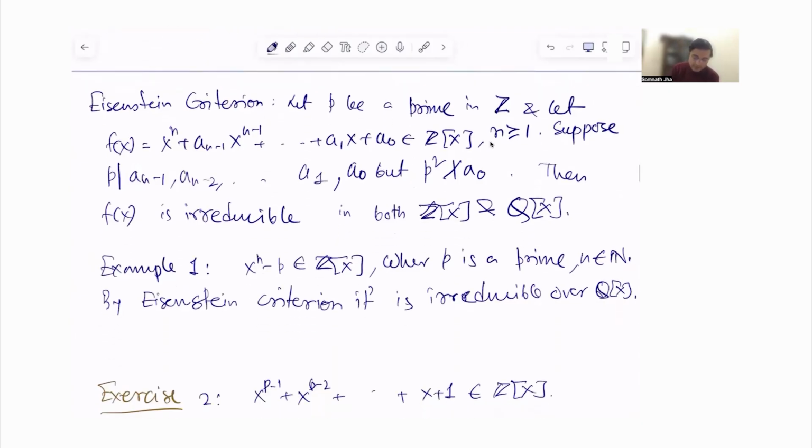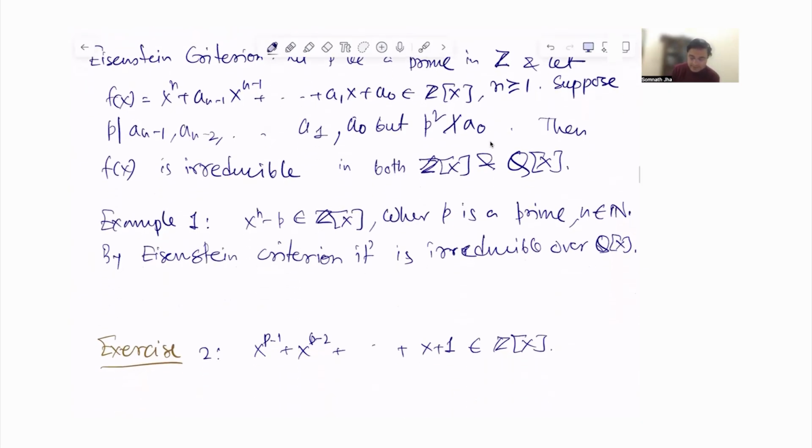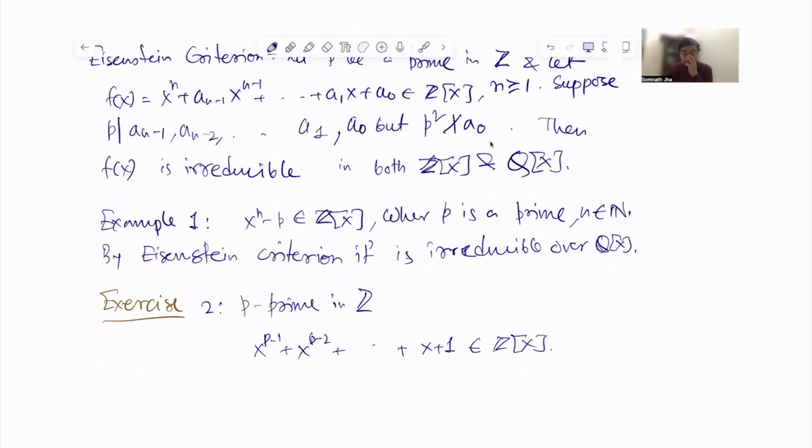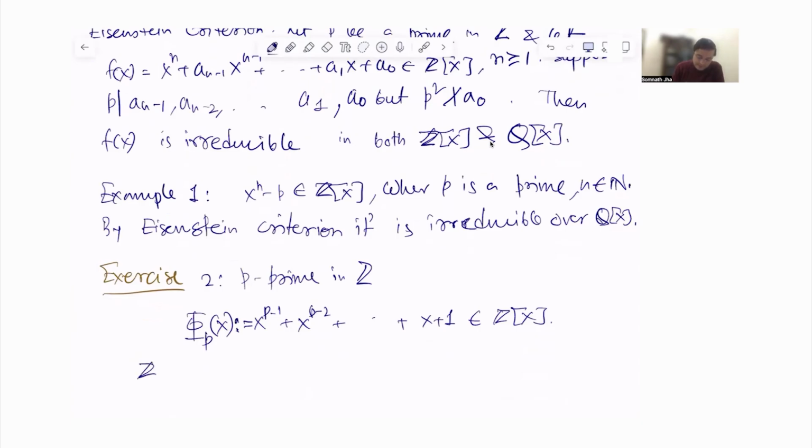Another example, I leave you as an exercise: take x to the power p minus 1, again p prime. This is called the cyclotomic polynomial. So let's say Phi_p(x) is defined to be equal to this. Here I would say, hint: use that Z[x] going to Z[x], x going to x plus 1, is an isomorphism of rings.